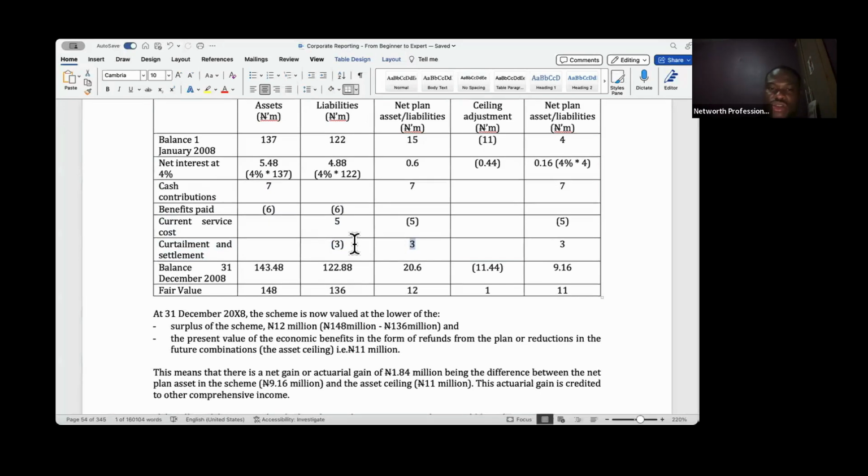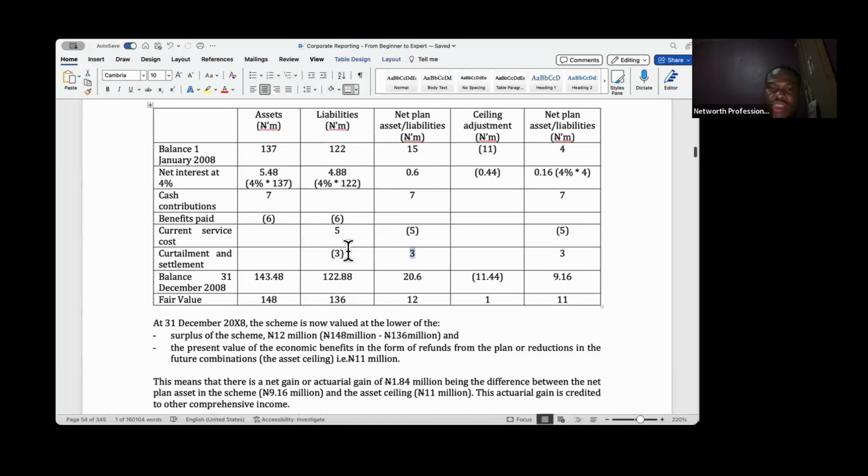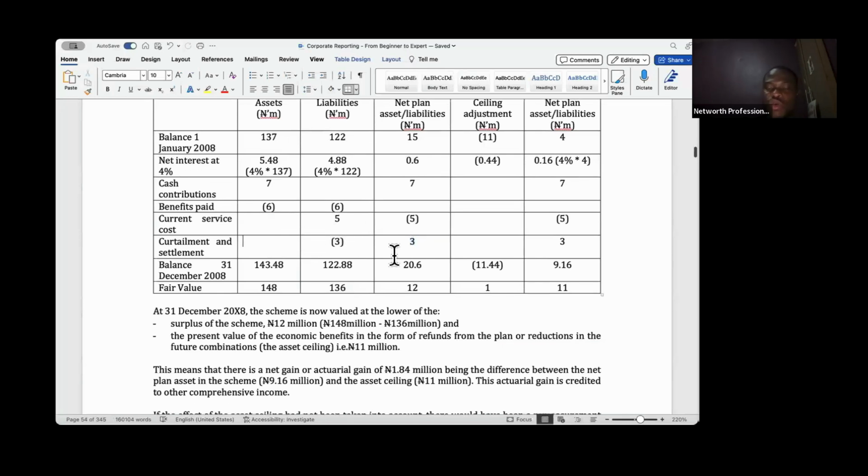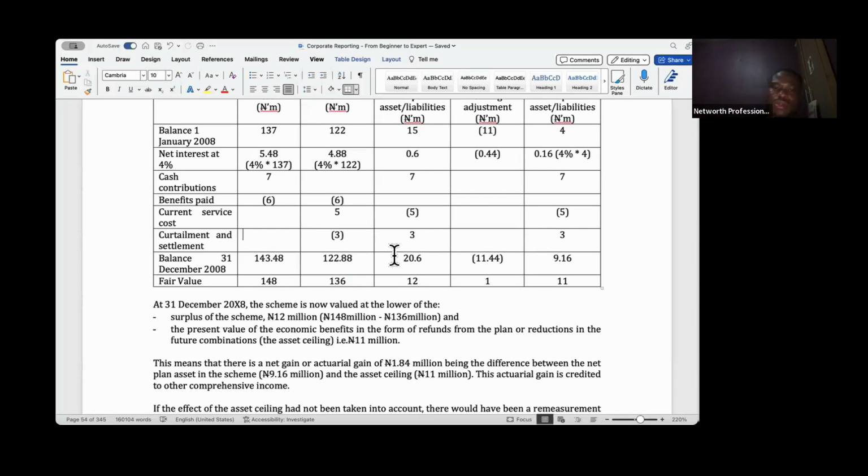Just to show that the obligation, that's why this one I'm putting nothing here, because the question just gave me a gain. And for me to have a gain of 3, the obligation must have been higher by 3. So that's why I put 0 here, nothing, and here 3. So we have a gain of 3.